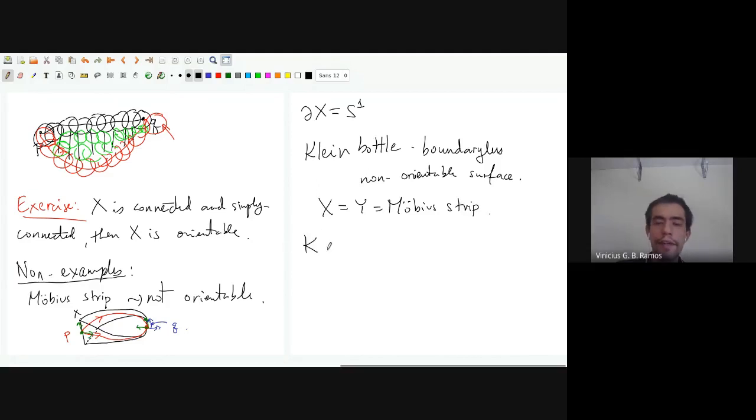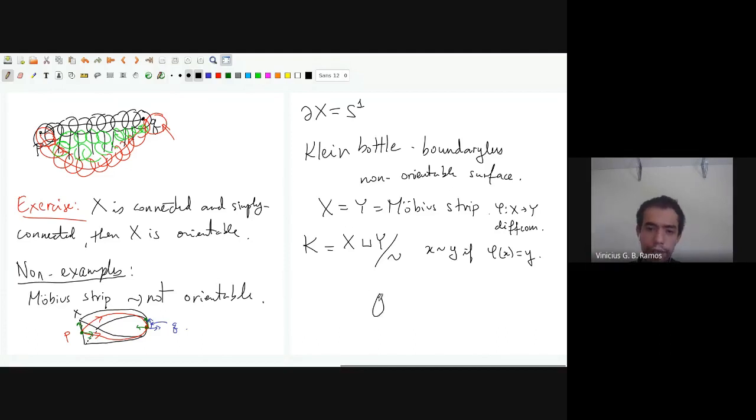And we can define the following object: x disjoint union with y, quotiented by an equivalence relation. Quotiented by the equivalence relation just means that we identify, so the equivalence relation is, you say that x is equivalent to y. Since x and y are the same, we have an obvious diffeomorphism, the identity diffeomorphism from x to y. So we say that x is equivalent to y if phi of x equals y.